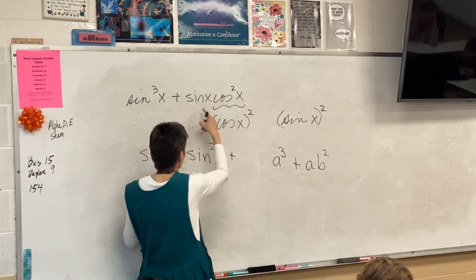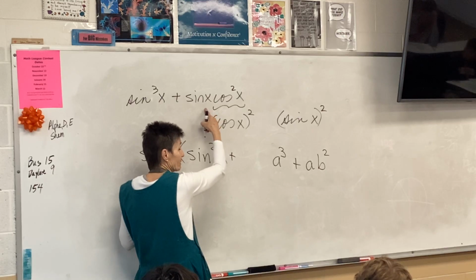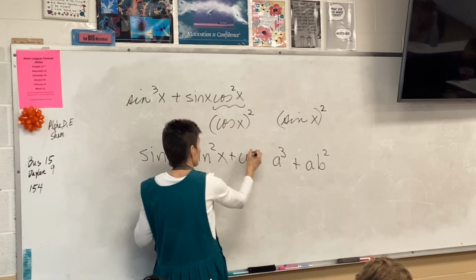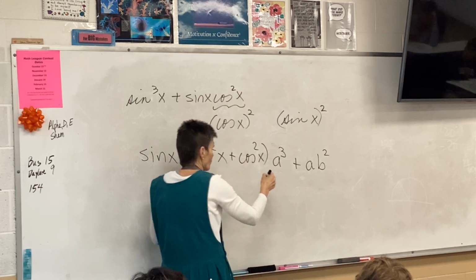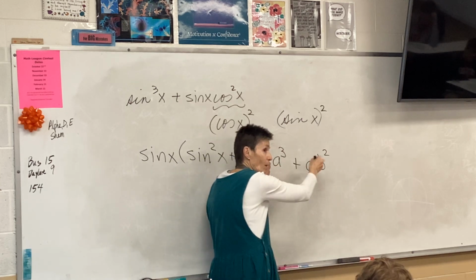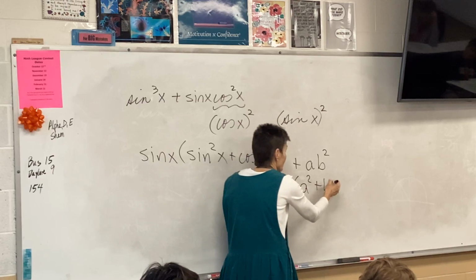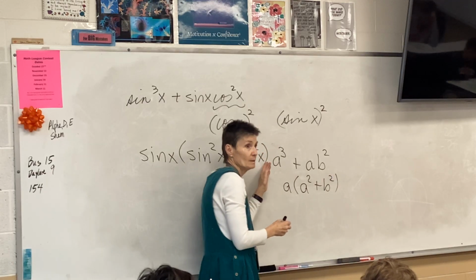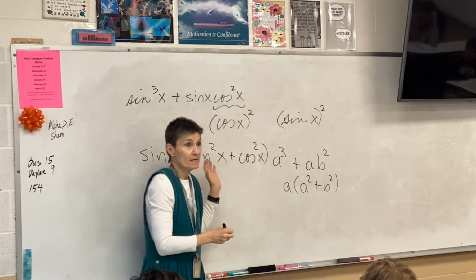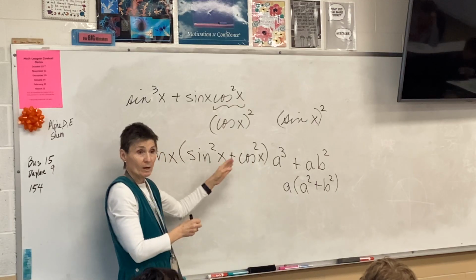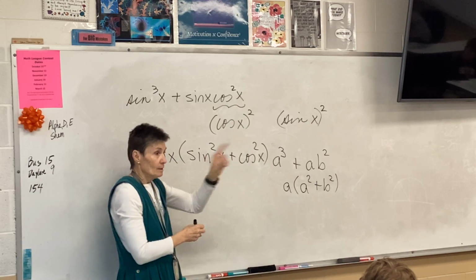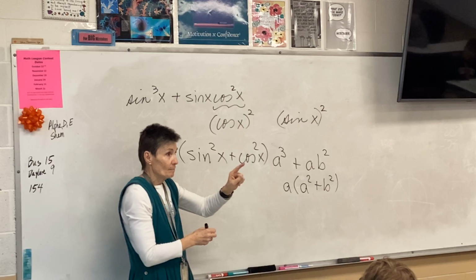And what am I going to have left here if I take out my sine? Cosine squared. So it's just like my made-up problem. If I took out an a, wouldn't I have a squared plus b squared left? So I took out a sine, and now I have sine squared plus cosine squared. Get out your colored sheet.